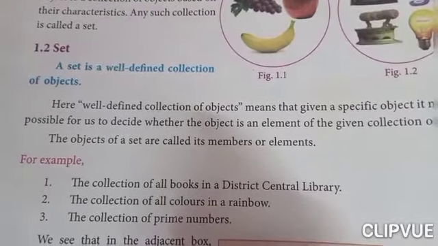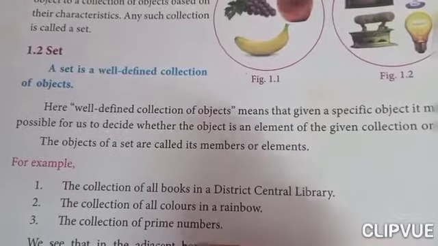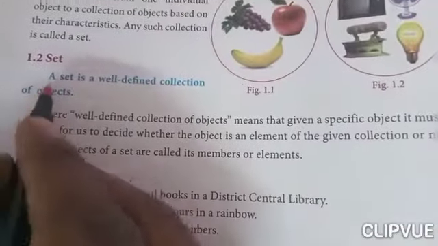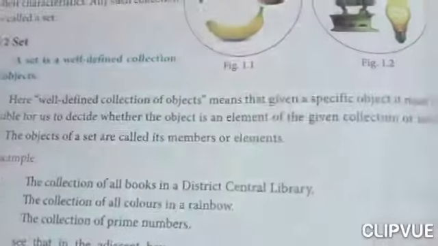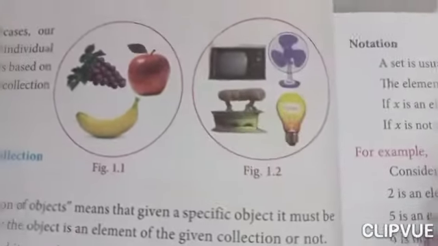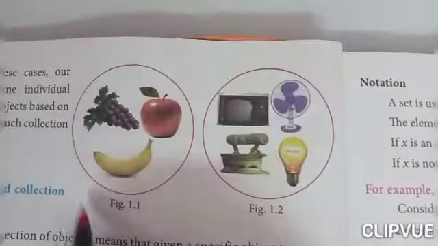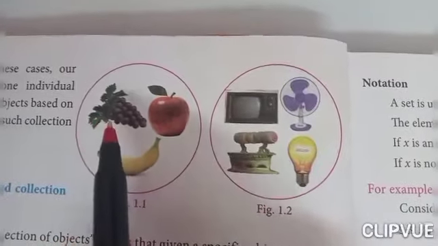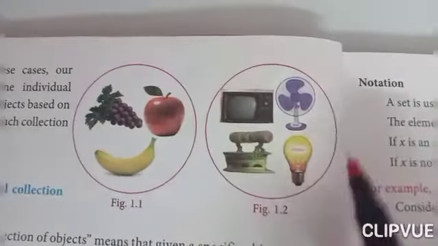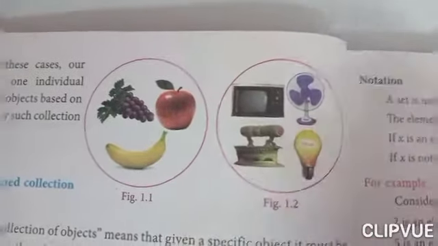A set is a well-defined collection of objects. This is the definition of a set. A set is a well-defined collection of objects. Look at the two pictures. These are different types of fruits. These are different types of electronic goods.